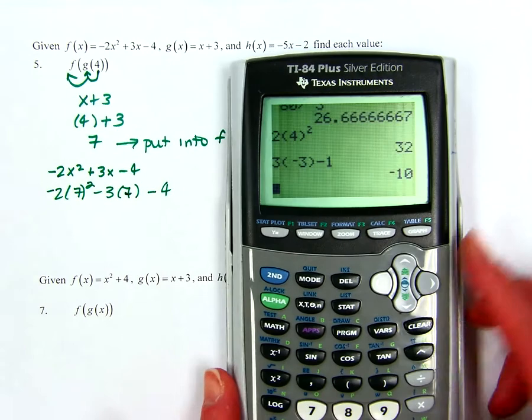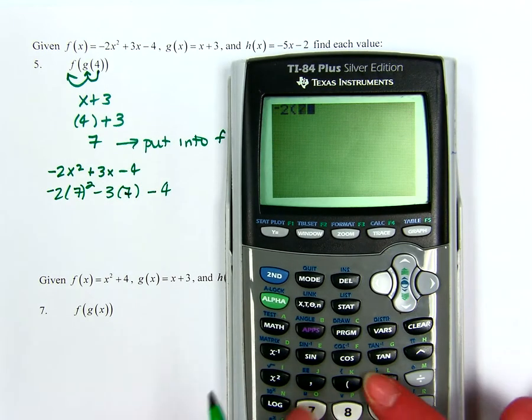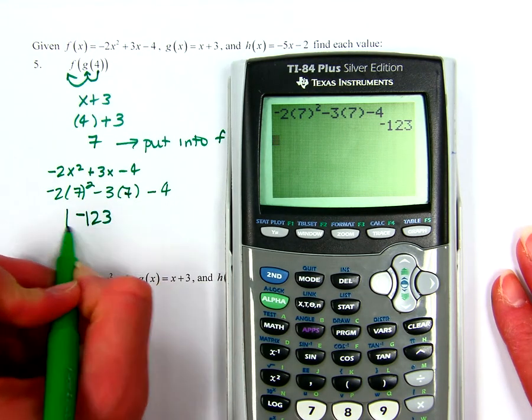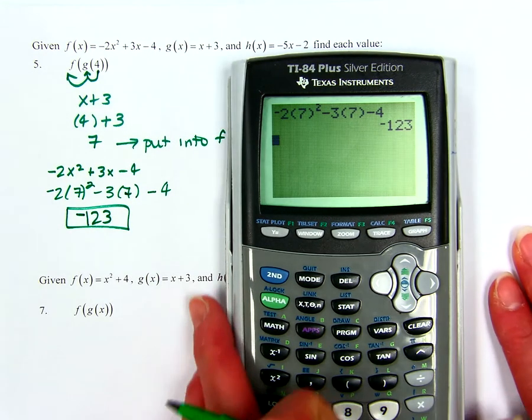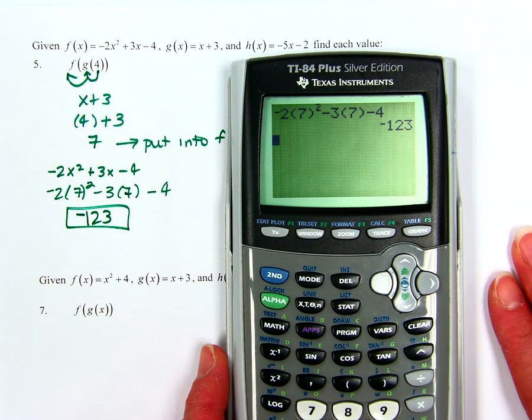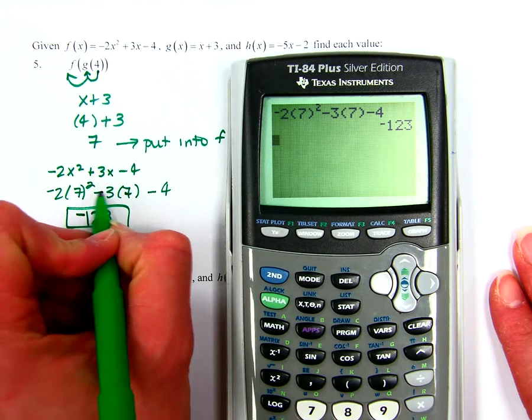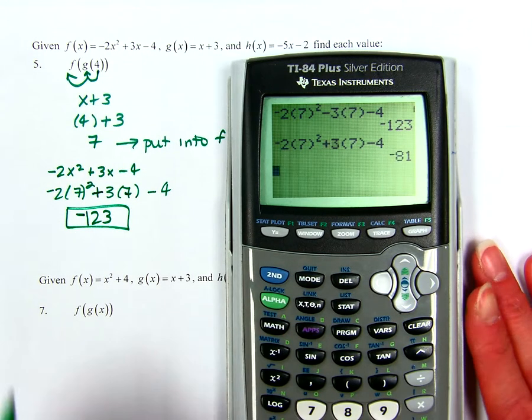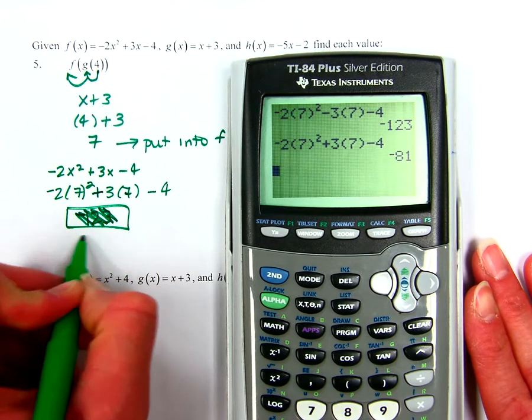There's nothing wrong with using your calculator, so we got negative 2 times 7 squared minus 3 times 7 minus 4. So we have negative 123. Oh, that's a plus. Sorry. Never mind. Negative 81. That's better.